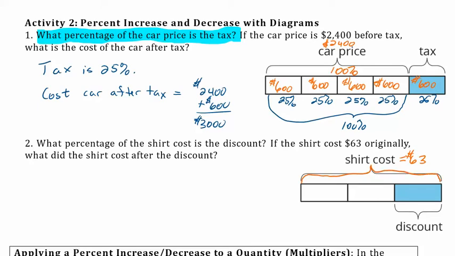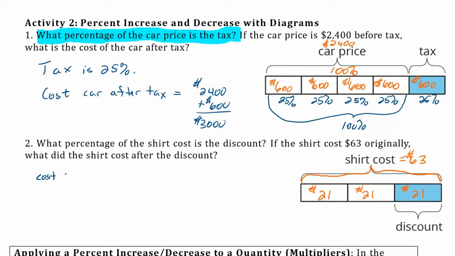So to figure out the dollar amount in each block, I'm going to divide 63 by 3, and that gives me 21. So each of these blocks is $21. So the amount of discount is going to be $21. And so the cost of the shirt after the discount is going to be these 2 blocks, which is $42 right here. We'll talk about the percent in a second.